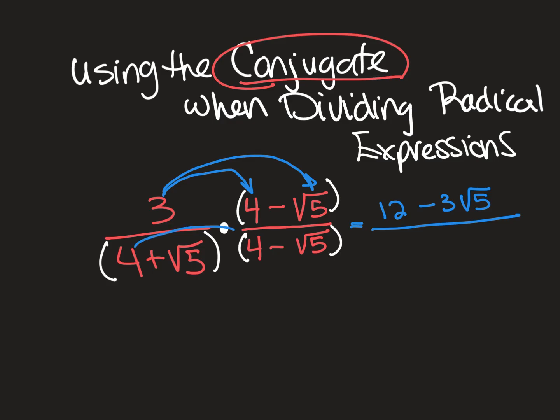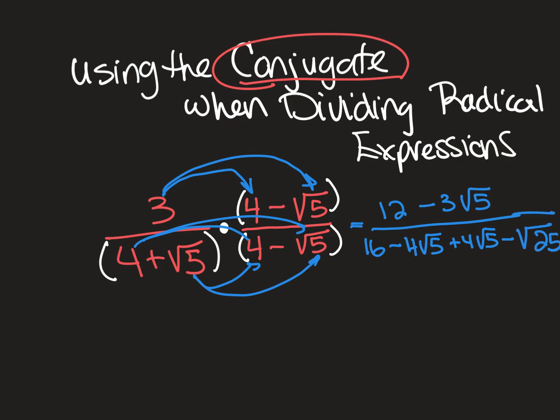Now the bottom is like a FOIL. I got 4 times 4, 16. 4 times negative square root of 5. Then I have 5 times 4, which is plus 4 square root of 5. And then I have the square root of 5 minus the square root of 5, which gives me negative square root of 25.